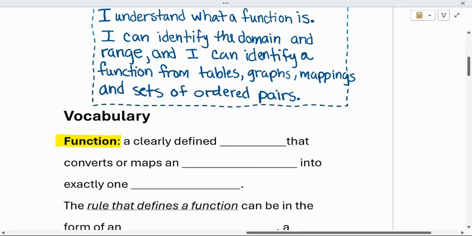A function is just a clearly defined rule that converts or maps an input, which is an x value, into exactly one, this is important, exactly one output, which is a y value.